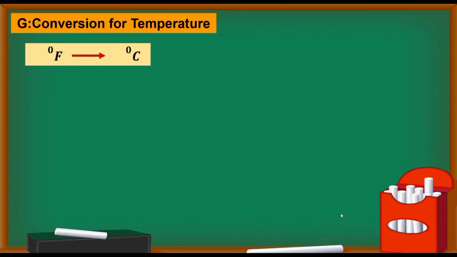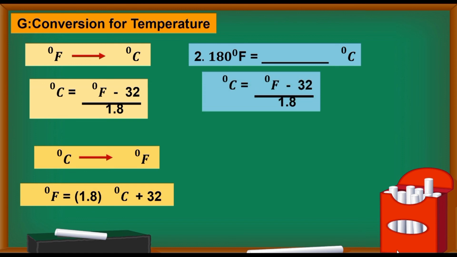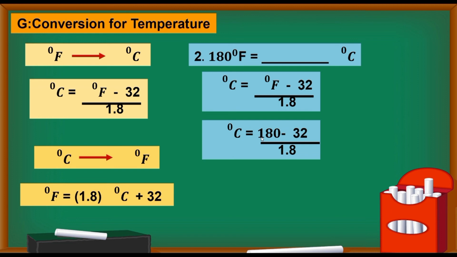So, let us have another example. The next example is 180 degrees Fahrenheit. How many degrees Celsius? Since we are looking for degrees Celsius, the formula we will use is degrees Celsius is equal to degrees Fahrenheit minus 32 over 1.8. Now, we replace the degrees Fahrenheit with 180. So, degrees Celsius is equal to 180 minus 32 over 1.8.